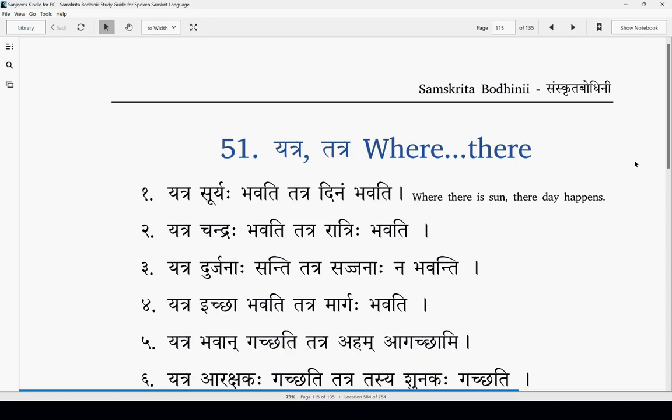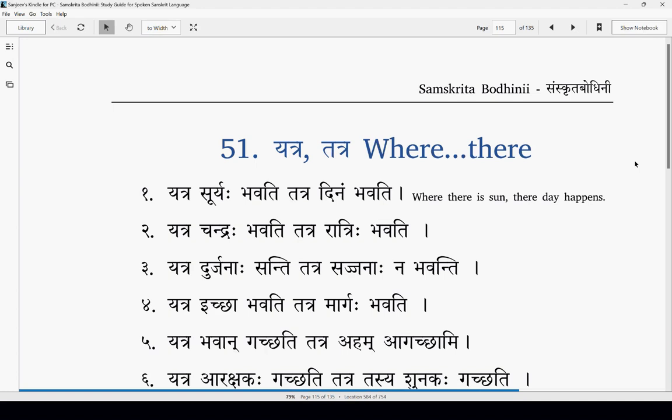Now there is another corresponding set of words starting with ya, like yada, yatra, yam, yaha, yasya, all those. We are going through these pairs where the ya is.